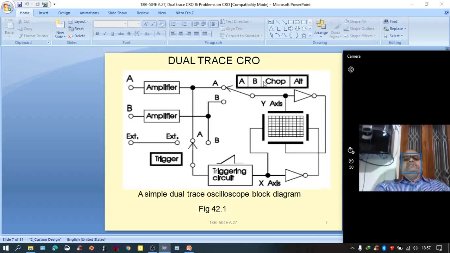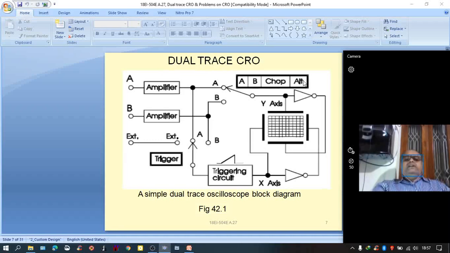Now depending upon the position of the slider switch here, when it is in position A, this function selector switch would be in position A, and here the trigger select switch also would be in position A. These two work in tandem. Both will be in the same position. When the slider switch is in position B, the function select switch would be in position B, and the trigger select switch also would be in position B.